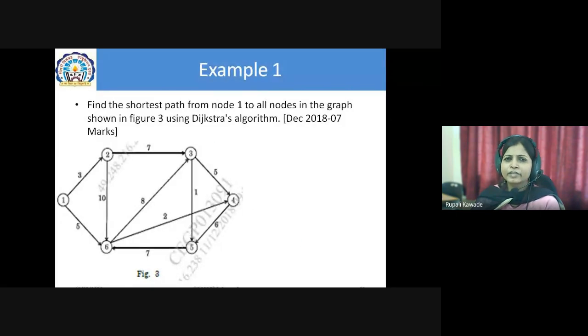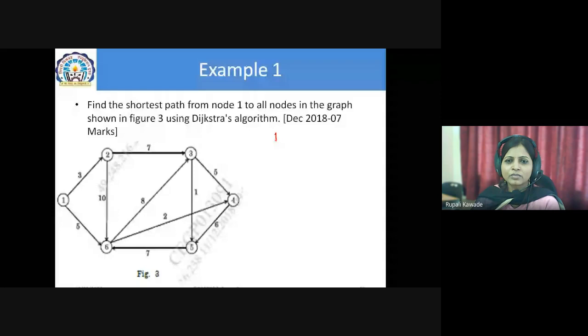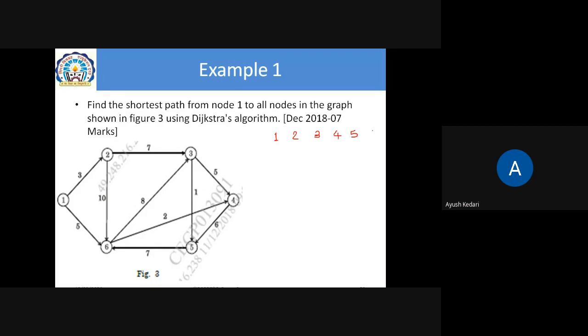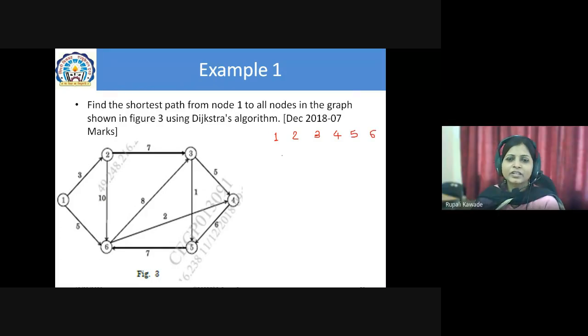The same kind of table that we have seen in Prim's algorithm. We will first list out the node numbers. How many nodes are there? Six nodes: 1, 2, 3, 4, 5, 6.